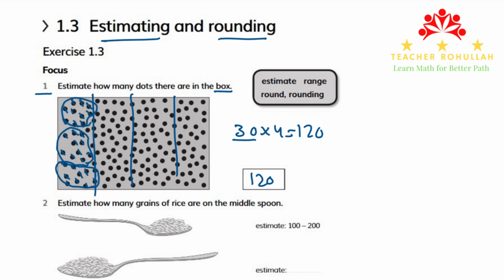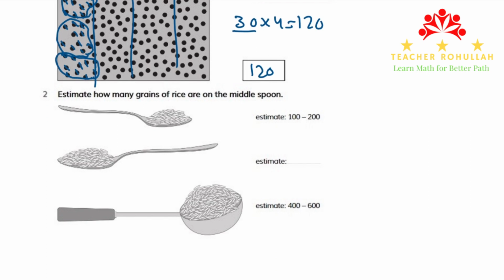Let's now move to question number 2. So let me scroll it a bit down. In this question, it says, estimate how many grains of rice are on the middle spoon. In the first spoon, it is estimated to be around 100 to 200 grains of rice. In the third spoon, it's estimated to be around 400 to 600 grains of rice.